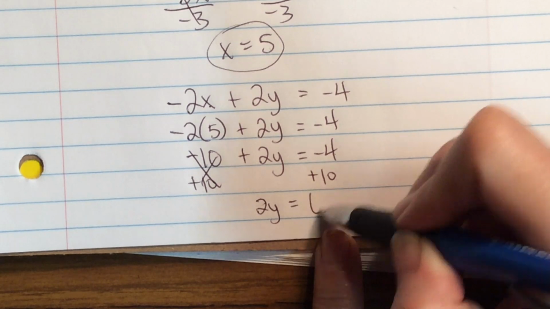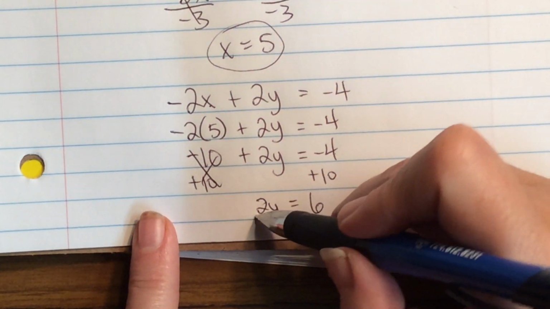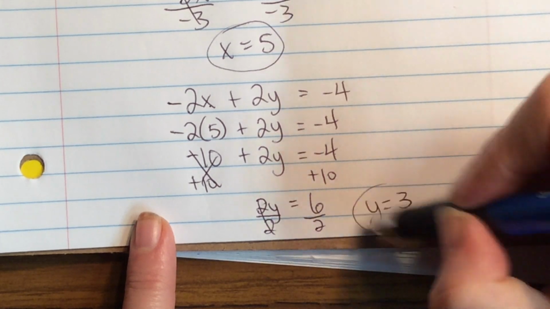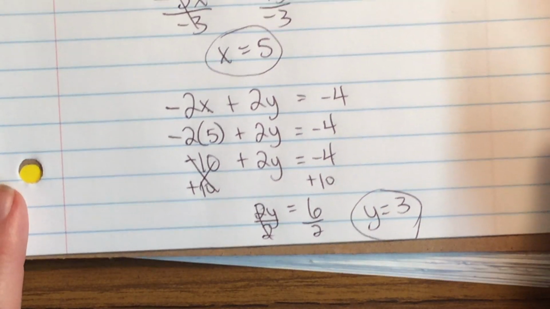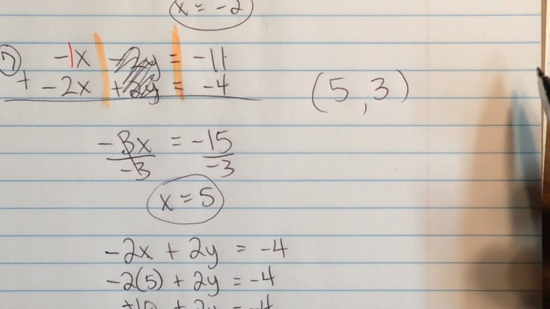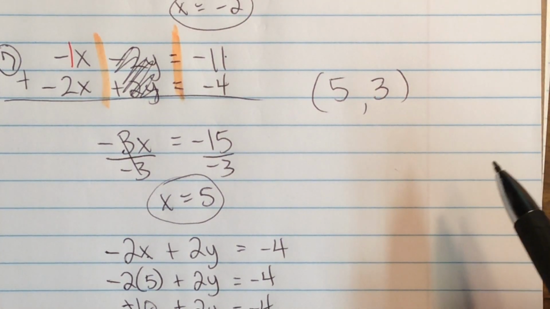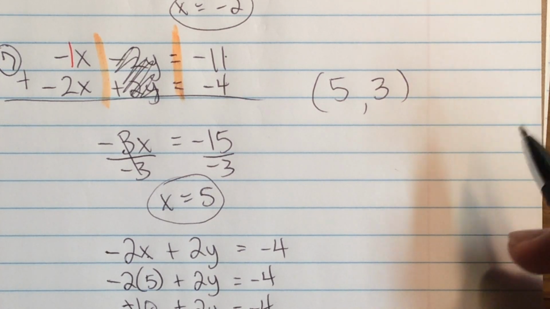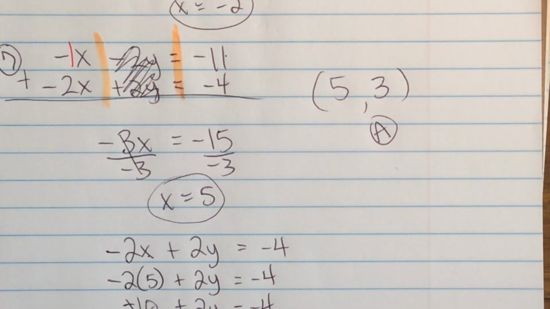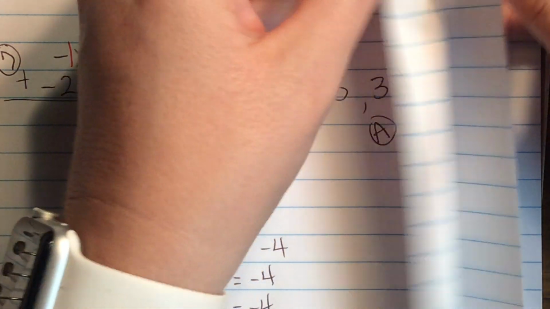Minus 4 is 6. Then if I divide both sides by 2, I get that y equals 3. So the second coordinate point is 3. So it's 5, 3, which is A. All right. Number 8.